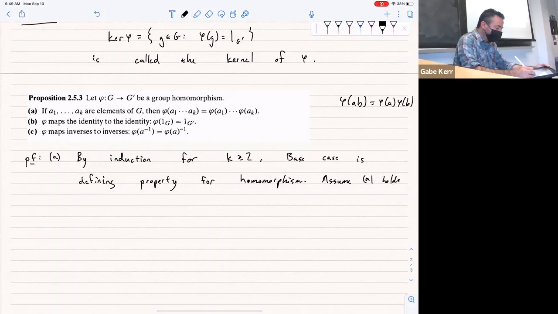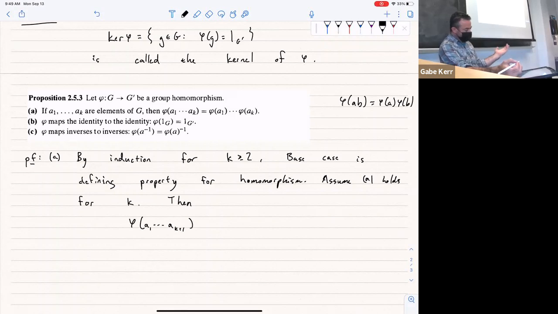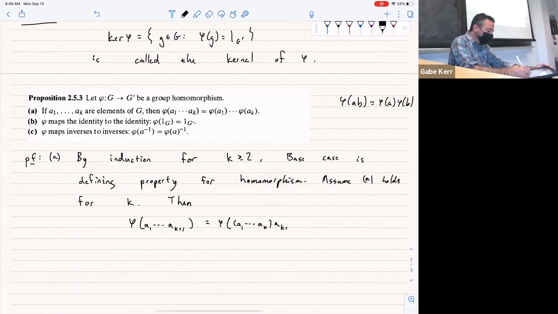We want to prove it for k plus 1. All we have to do is take a look at phi of a1 through a_{k+1}, and use associativity. This is phi of a1 up through a_k, times a_{k+1}. We can group these however we want by associativity.